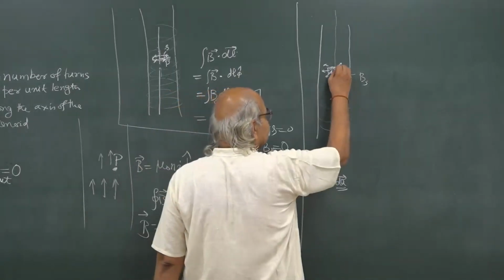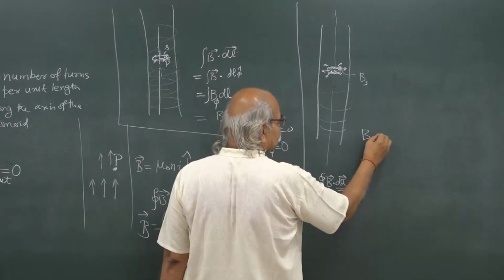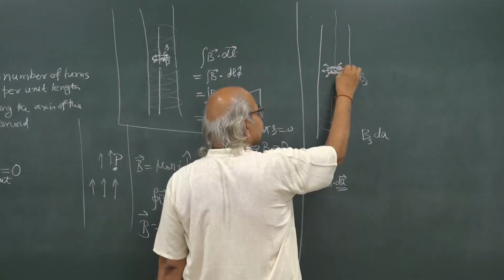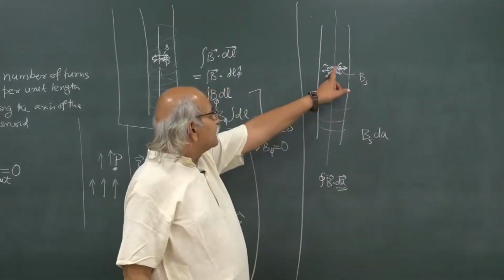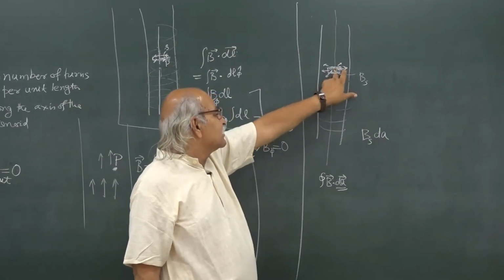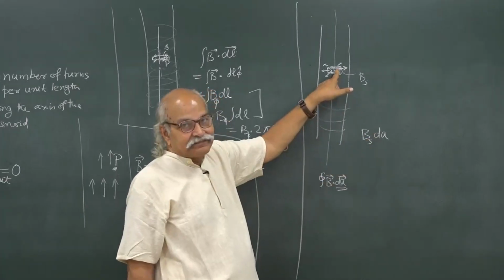Here you will have Bs into dA, so B dot dA will be Bs dA.